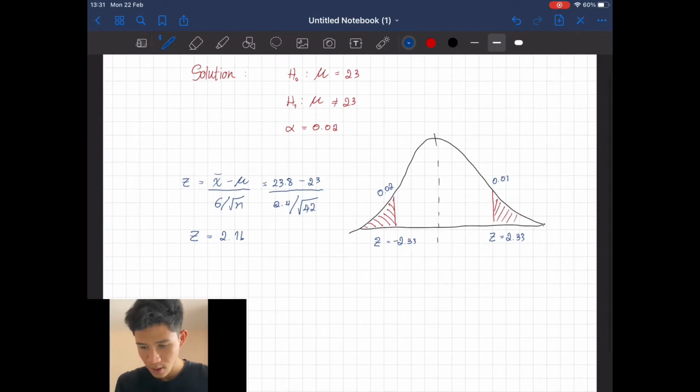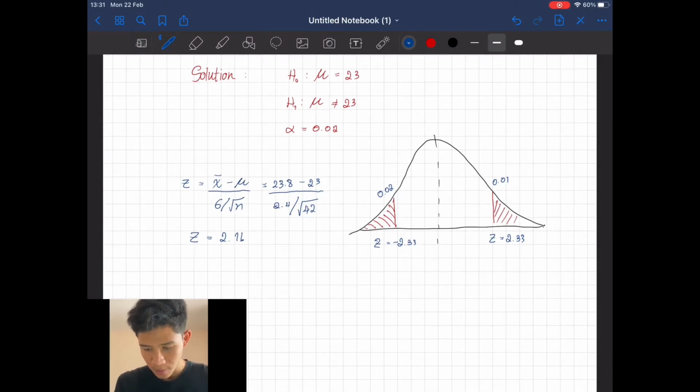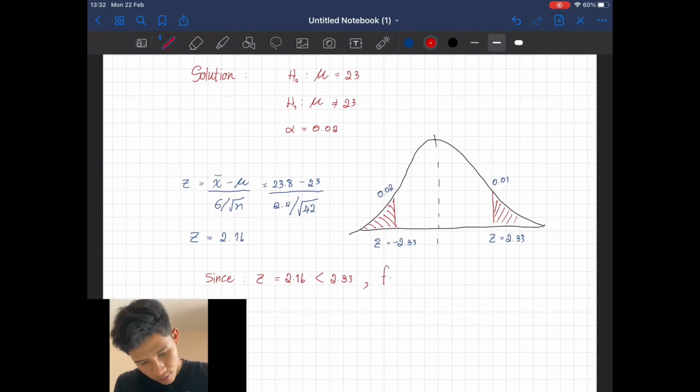Since C equal 2.16 is less than 2.33, we fail to reject the null hypothesis.